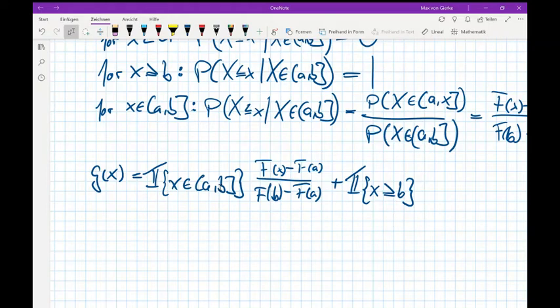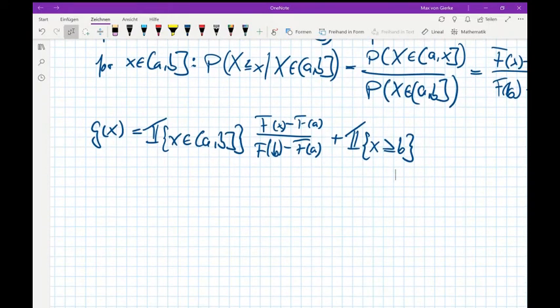Okay, now the question is, what is the pseudo inverse of this one?